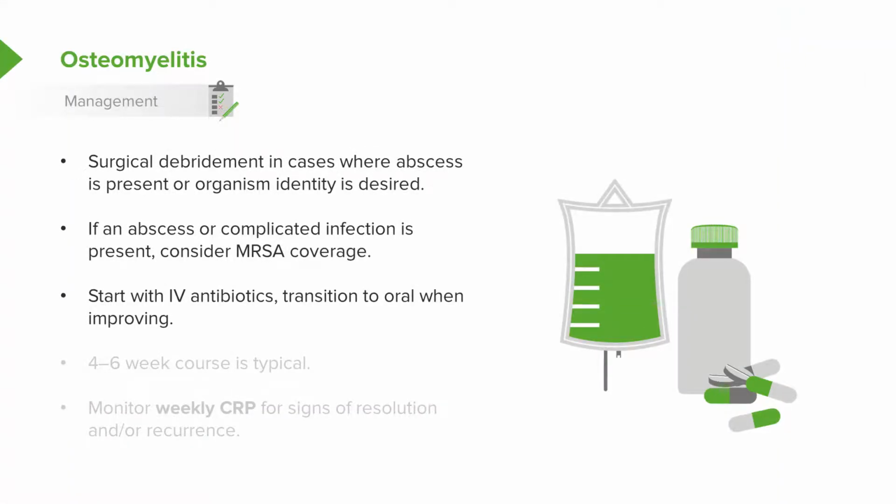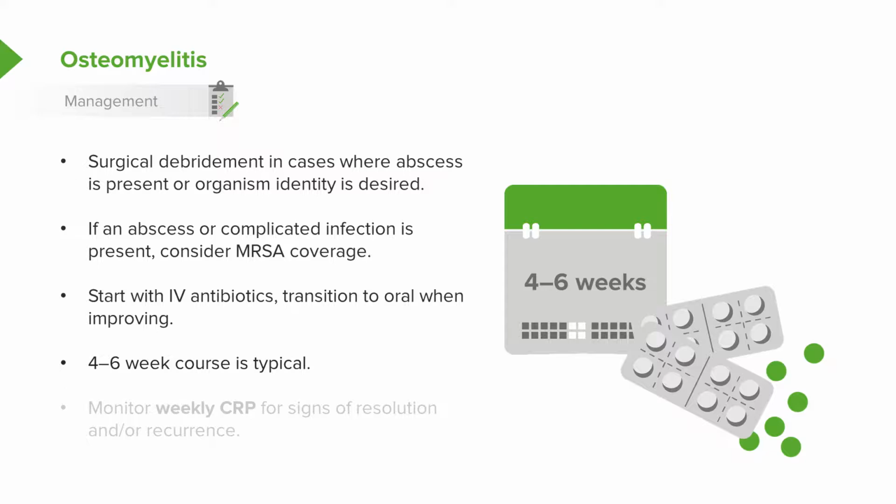Generally, we'll start with a first-generation cephalosporin unless we suspect MRSA based on how much it is an abscess, and then we'll continue that first-generation cephalosporin and then transition to oral antibiotics when they're improving. We can measure improvement by a reduction in fever or by a reduction in the CRP value as you get it.